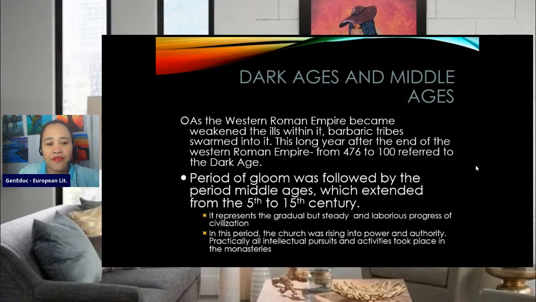The period of gloom was followed by the Middle Ages, which extended from the 5th to the 15th century. It represents the gradual but steady and laborious progress of civilization. In this period, the church was rising into power and authority. Practically all intellectual pursuits and activities took place in the monasteries. So this is the Dark Age.